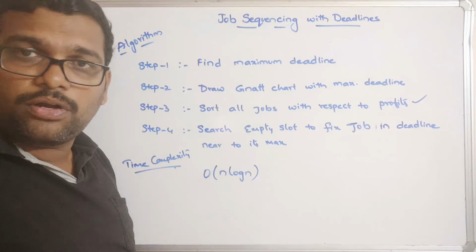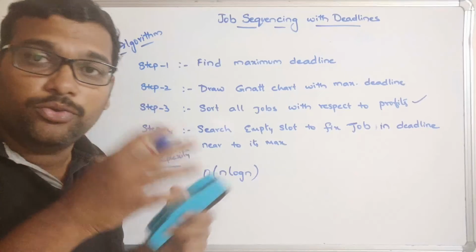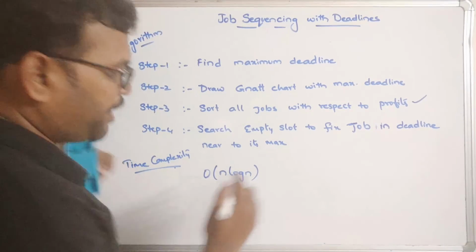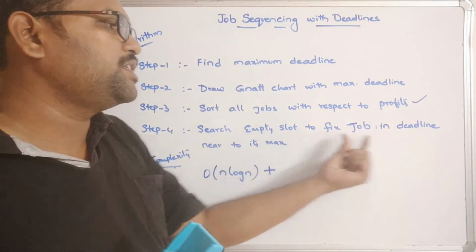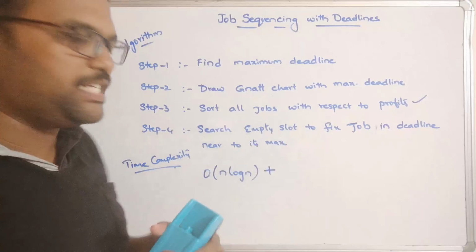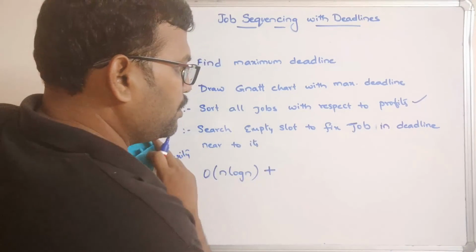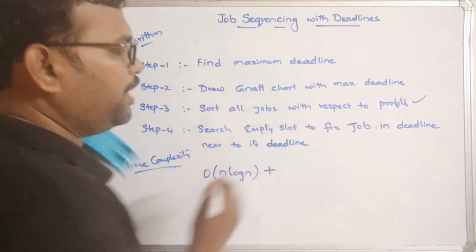So I'll go with the quick sort, okay, because we have seen in our previous sessions by using divide and conquer. So it will be order of n log n plus what we are doing, searching the empty slot to fix the job in a deadline near to its maximum.